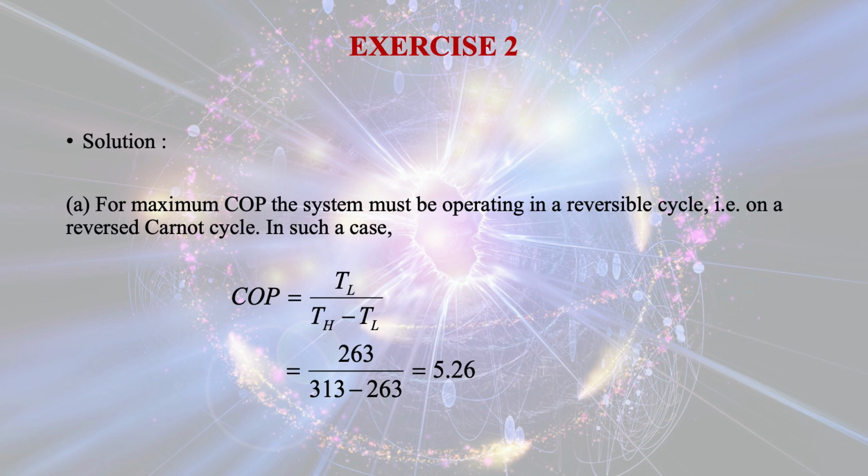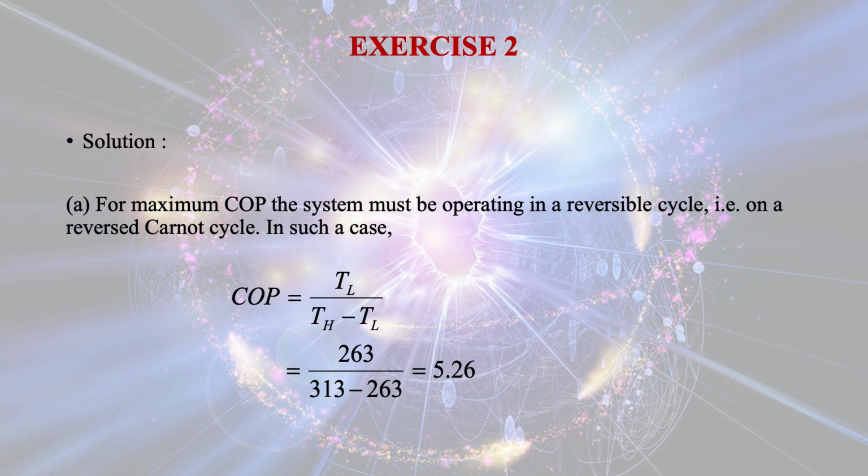So for maximum COP, the system must be operating in a reversible cycle. On a reverse Carnot cycle, COP is equal to TL divided by TH minus TL. The cycle operates between the two temperatures, which are already given for this problem.